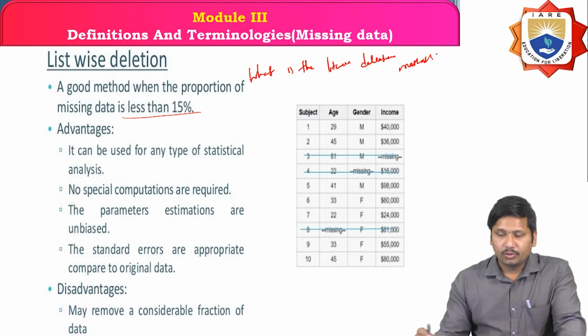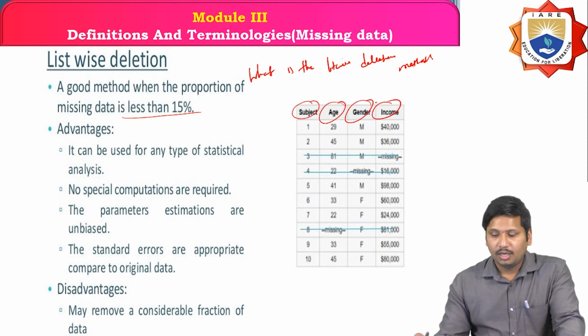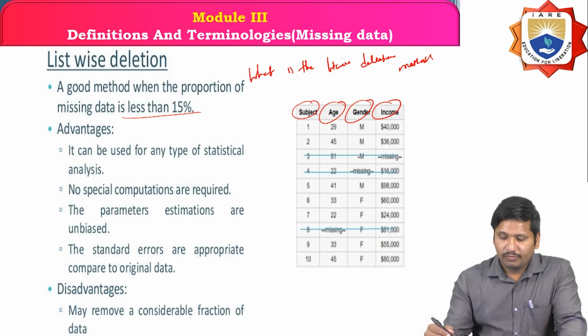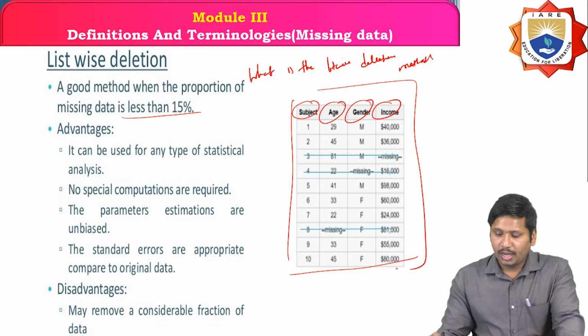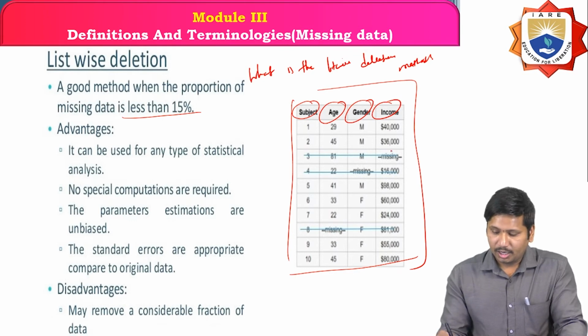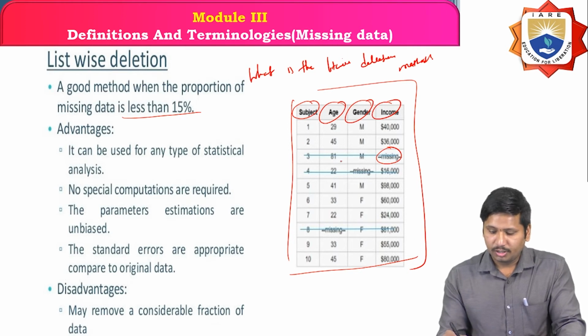At that time, we have to take an example. I'm taking an example with subject, age, gender, and income. By filling this in, this is the data we have. For list-wise deletion, suppose I don't know the income of this third person, who is of age 81, and similarly the data is missing for the fourth person, and sometimes the age is missing for the eighth.